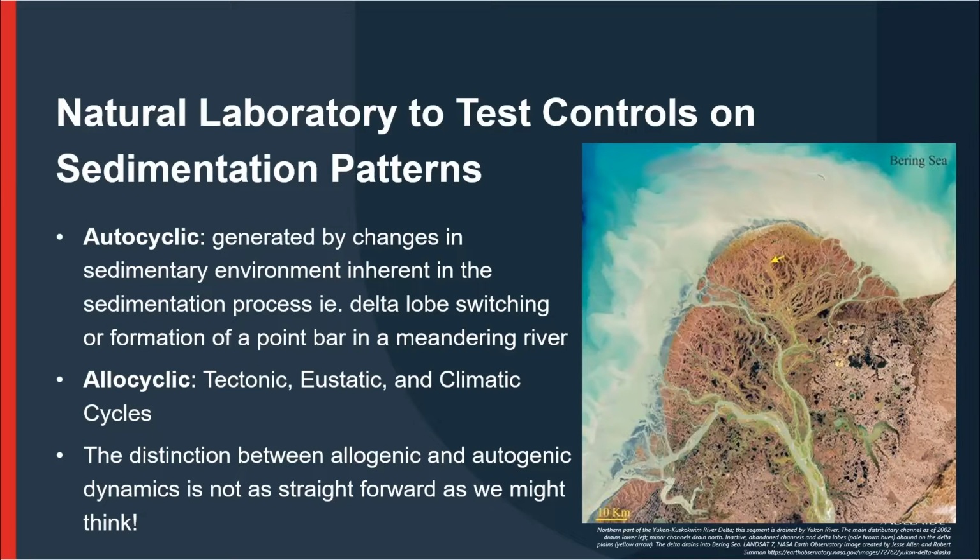In salt tectonics, or when you start including salt or evaporites that begin to move, it's very difficult to distinguish the difference between autocyclic and allocyclic cycles. And that is essentially going to be the crux and what I'll be continuing to work on for this postdoc with Kathryn and others in this room.